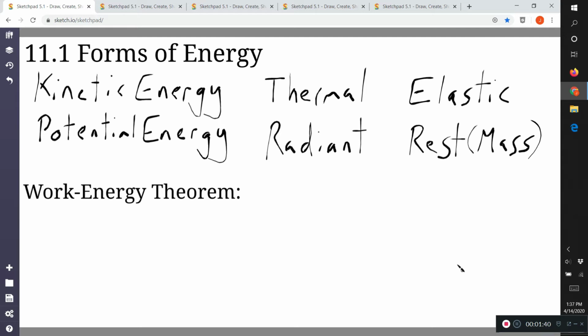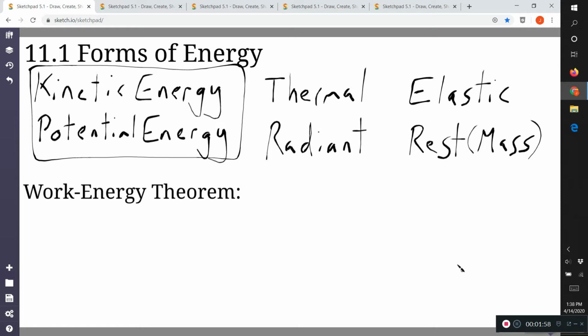In addition to those, there's also electrical energy, nuclear energy, all these different types of energy that we can discuss. But this section is primarily going to be focused on potential energy and kinetic energy.